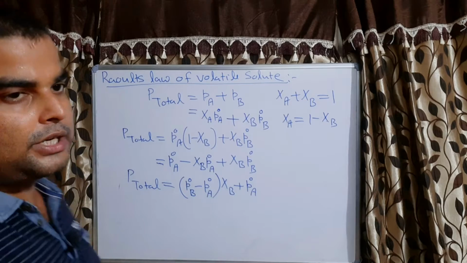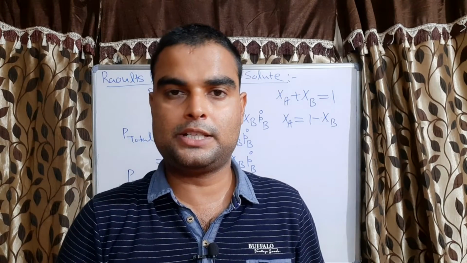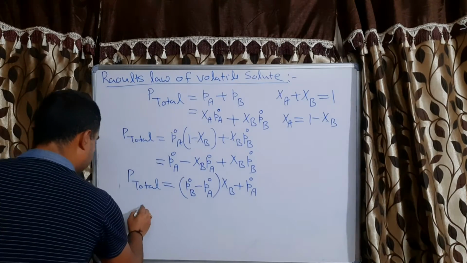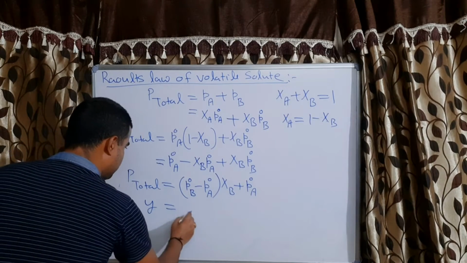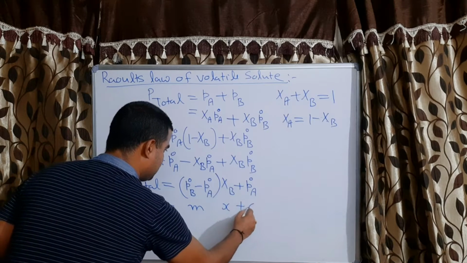Now, this equation we can relate with y equal to mx plus c, which is the equation for a straight line. So, this will be y, this will be m, this will be x and plus c.